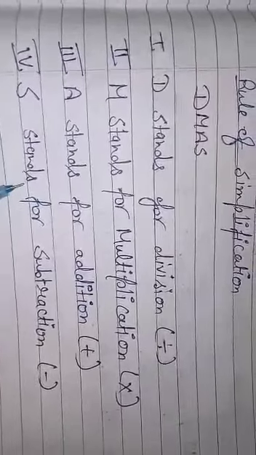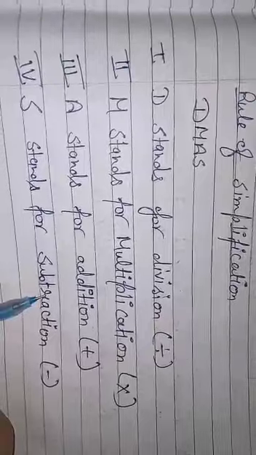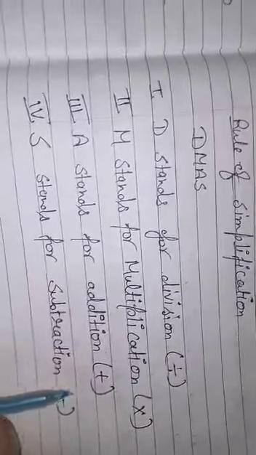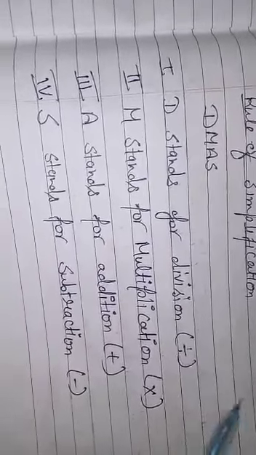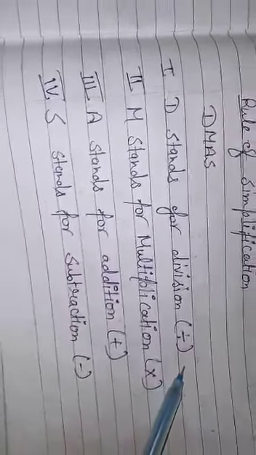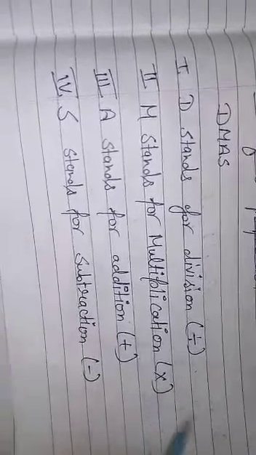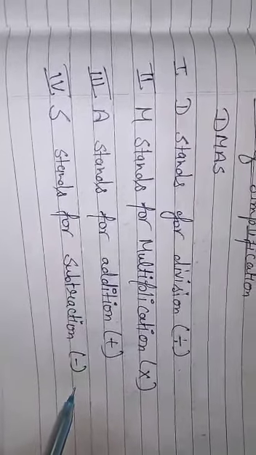Fourth, S stands for subtraction. In a simplification question, when these symbols are given, first we solve the division symbol, then multiplication, then addition, and in the last we have to do subtraction.